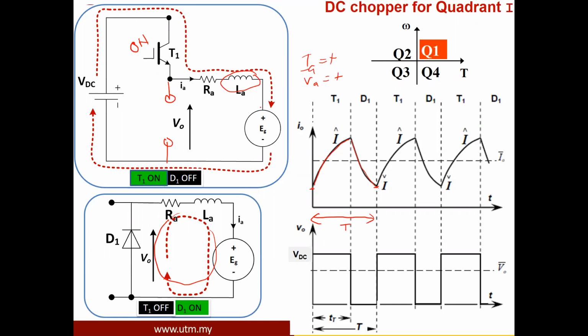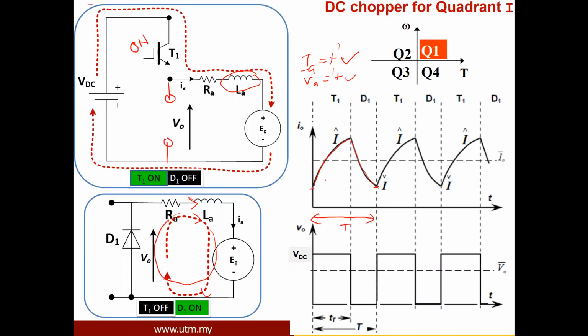The current of the armature circuit is always positive, both when the switch T1 is on and when it is off. The current direction is always from the source to the load, which is the DC motor. So the current is positive, and the voltage is also positive.